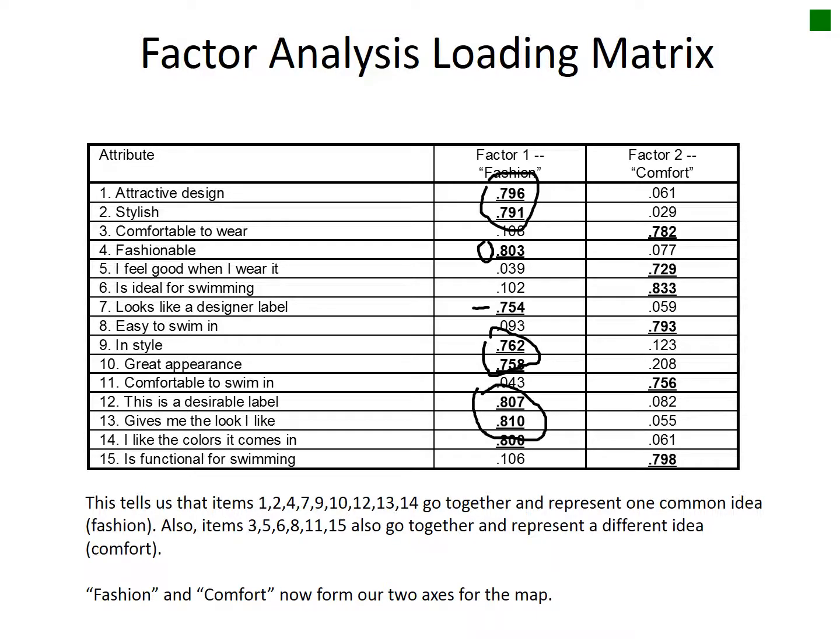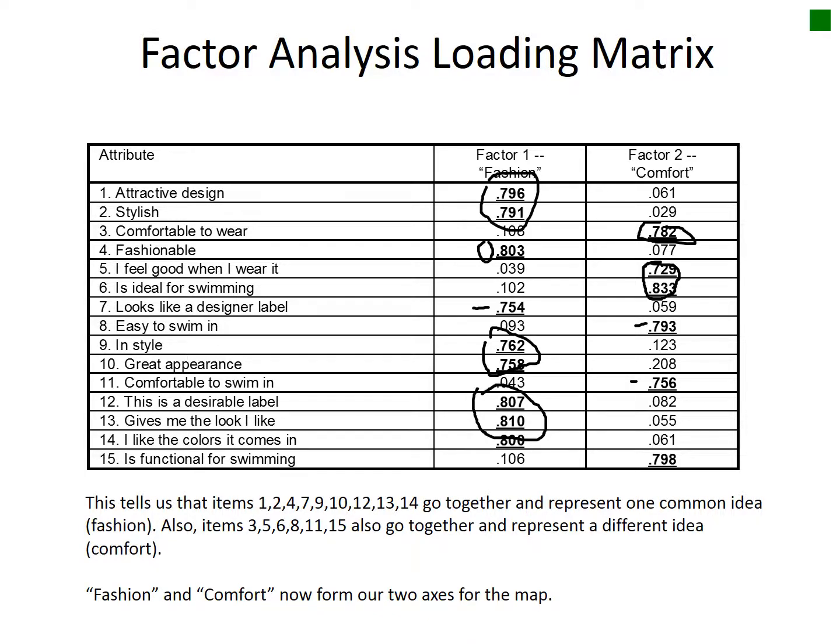And what we're seeing is that these questions all more or less tell us the same story. They all talk about fashion. Similarly, if we look at our second factor, which was determined here, we've got other questions that fall under this factor.